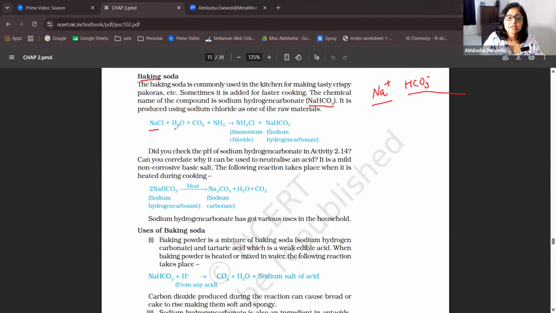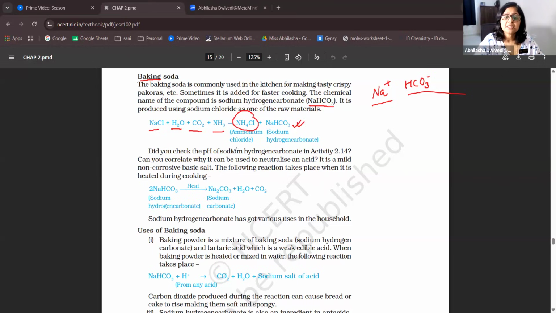You can see sodium chloride, it has got four reactants: sodium chloride plus water, water is considered to be a reactant here, carbon dioxide and ammonia, and they are giving you ammonium chloride, which is another salt, and this is what we are looking at, sodium hydrogen carbonate.